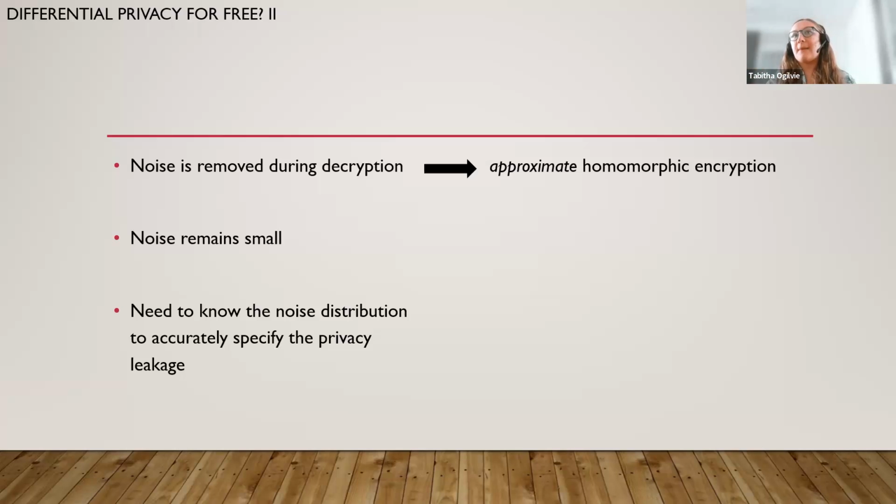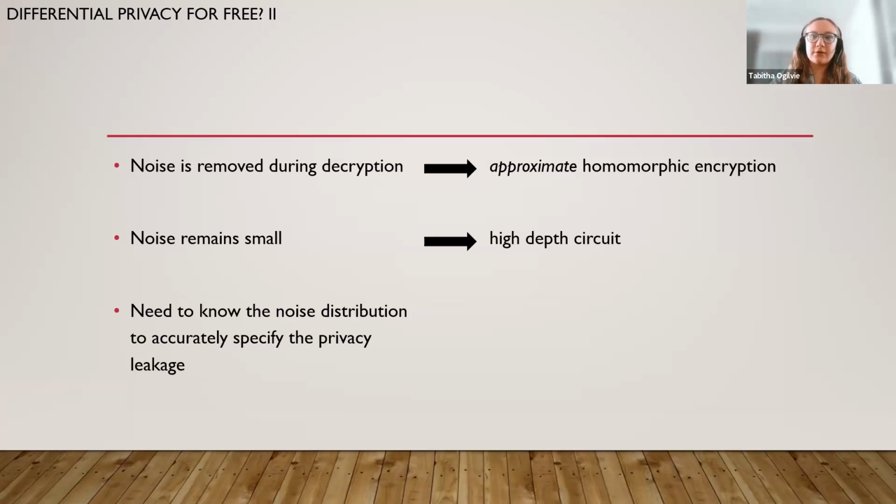That means that for our purposes, with CKKS or HEAAN, the noise is still there in the final result. This has security consequences, but that's a little bit orthogonal to what we're talking about today. Noise remains small? Well, if you've worked with CKKS and designed a very high depth circuit, you might have decrypted and seen just garble come out, because the noise has started to overtake the correct bits of your message, and then you'd adjust a parameter to make that not true.